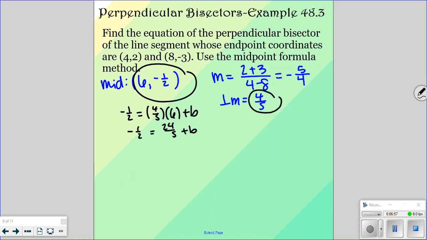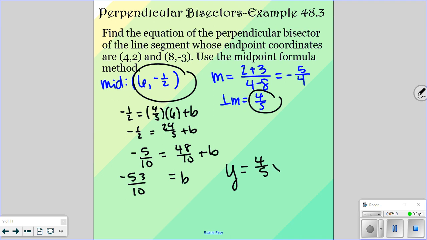And then I'm going to get a common denominator of 10, so negative 5 over 10 equals 48 over 10 plus b. And then if you solve for b, you'll have negative 53 over 10. And your equation would be y equals 4/5 x minus 53 over 10.